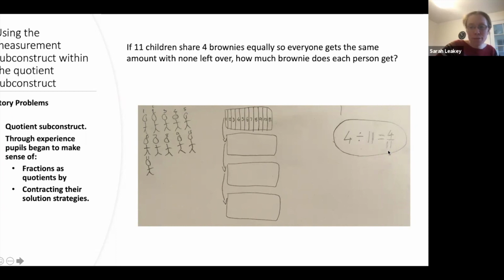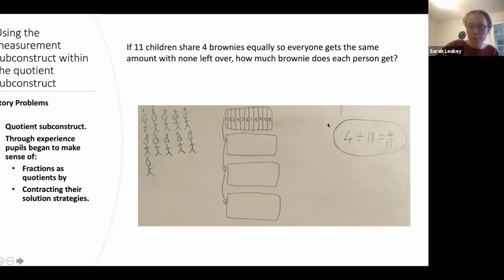I do want to emphasize that however tempting it is to just move straight to this point, if you do that, pupils probably won't really understand it, even though they'll be able to get an answer, but you would have also missed out all those other rich opportunities to really get to grips with unit fractions, non-unit fractions, but also all the addition and subtraction and equivalence that goes alongside pupils' drawings here.